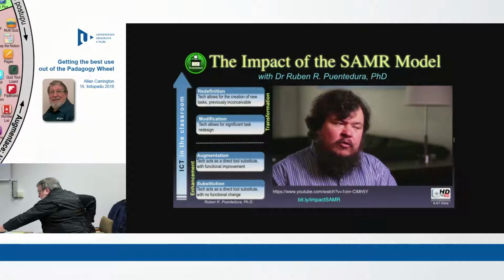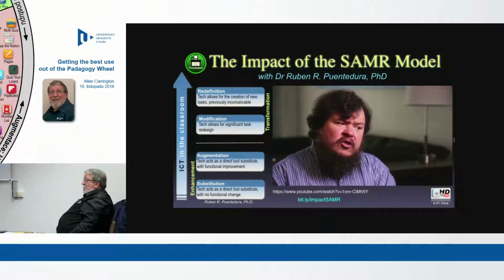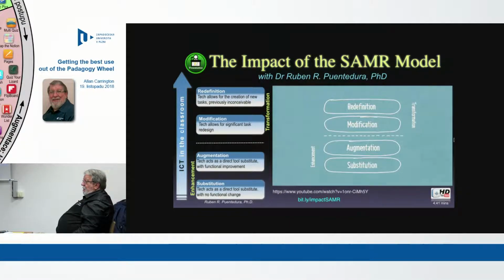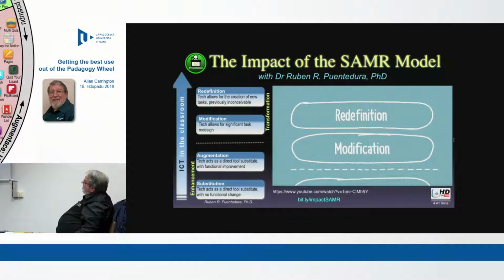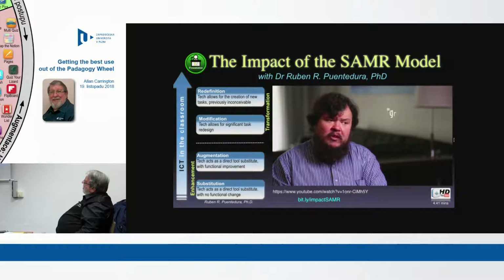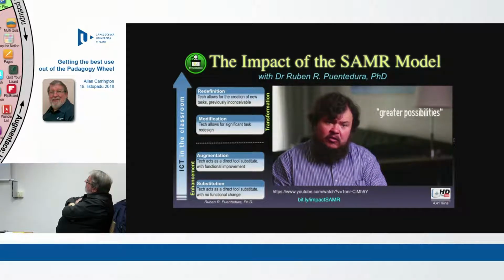But there's, to my mind at least, even more interesting outcomes inasmuch as working at the upper levels of SAMR, modification and redefinition, tends to be associated with greater gains by students in comprehension, but not just, well, can they remember facts for an exam, but what can they do with what they've learned? What gives them greater agency, greater possibilities for using their knowledge.